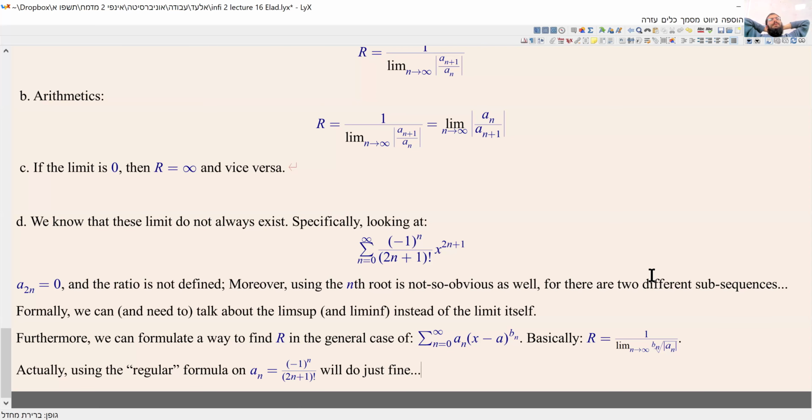Here in Infi 2, I don't need to fight with students about subjects that mainly belong to the previous course. So proceed with caution, but actually you use the regular formula. Here it is probably much easier to use the ratio one, an plus 1 over an, and this is the denominator of R. You'll get the right answer.